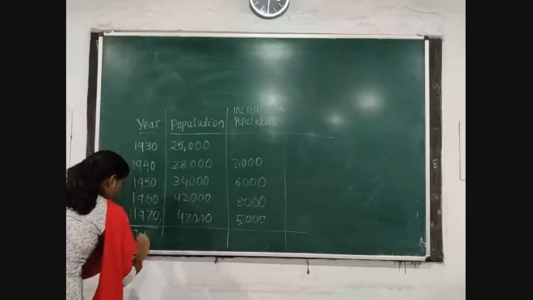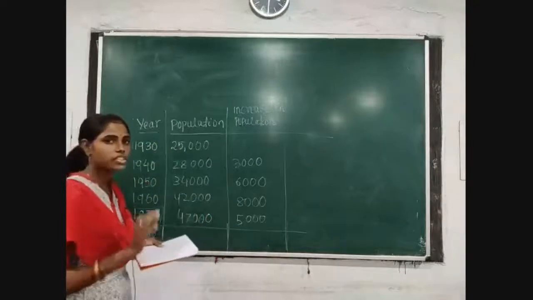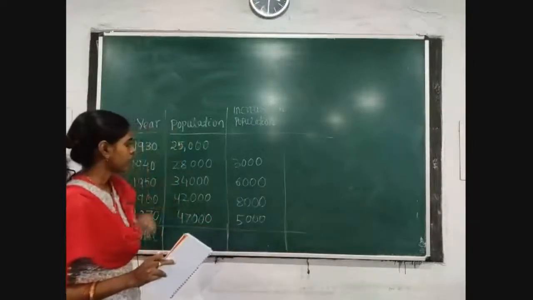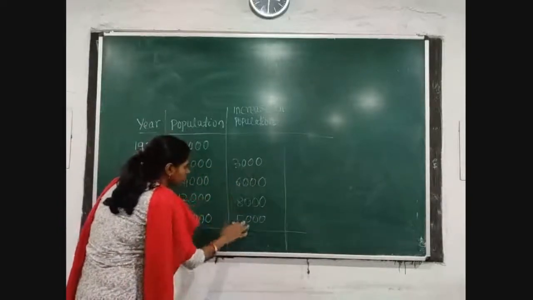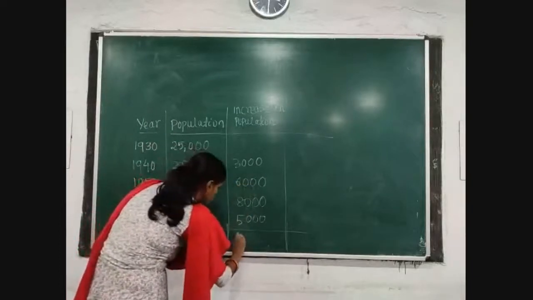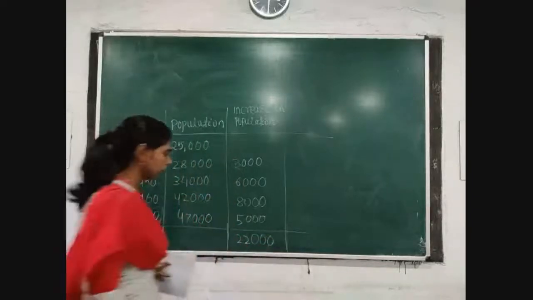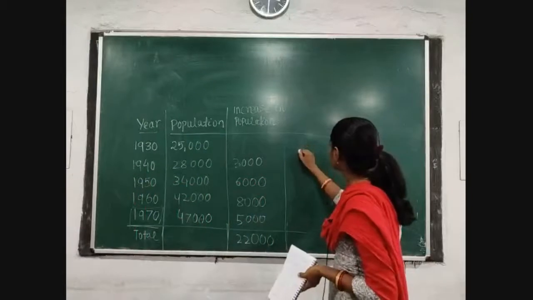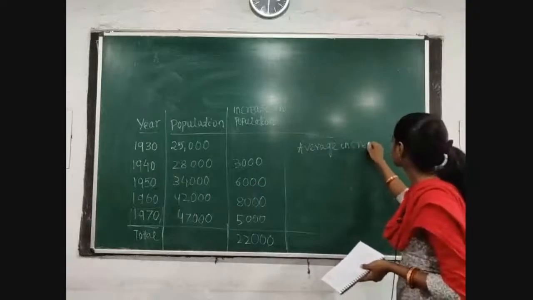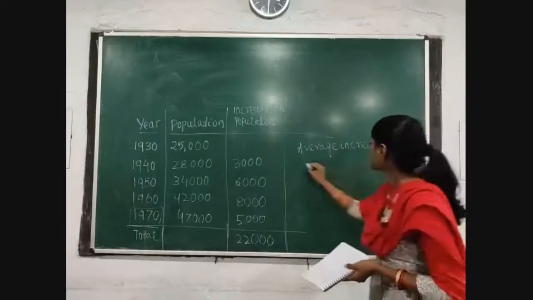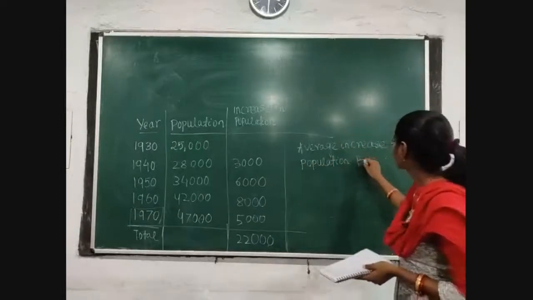Then find the average. The next step is finding the average increase in population per decade.